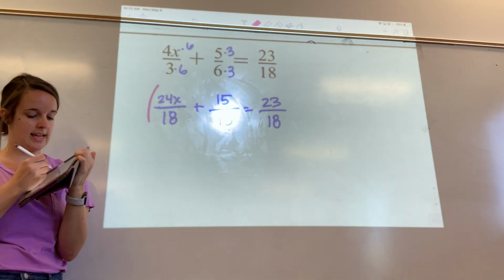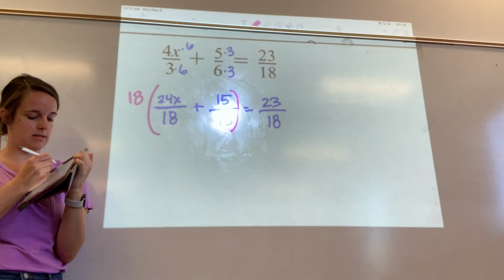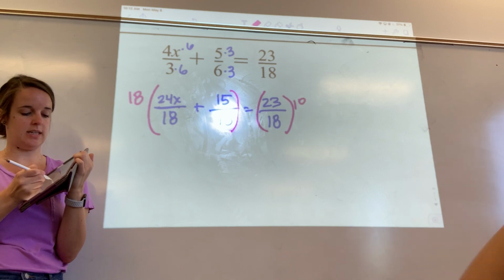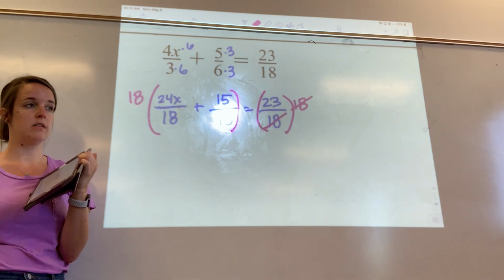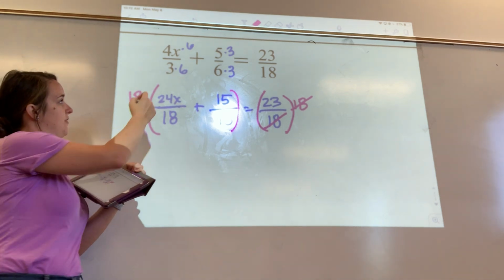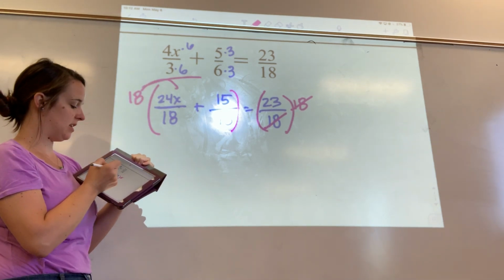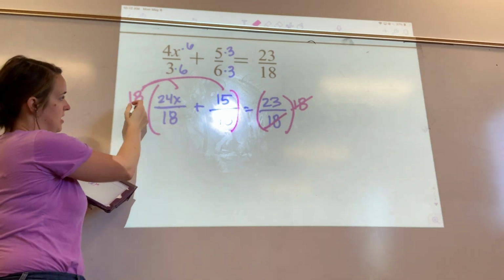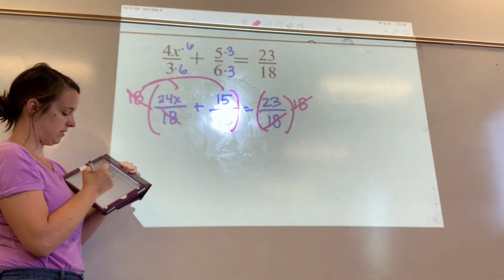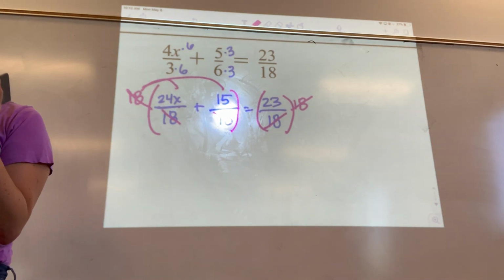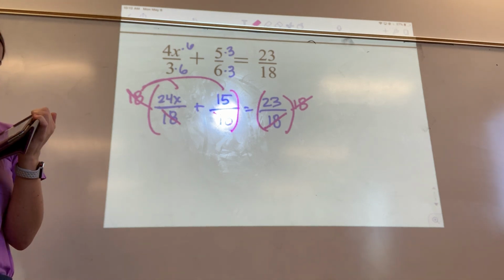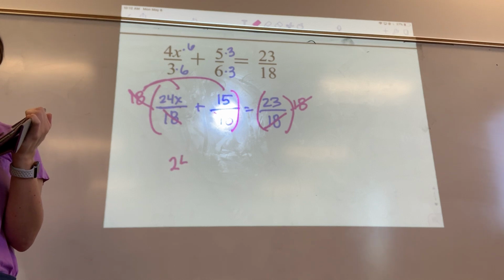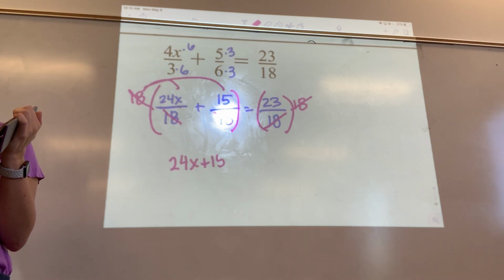The good news about each of these things being 18 is that once we have everything over 18, I can multiply this times 18 and this times 18. 18 divided by 18 makes 1. If you imagine this 18 being distributed into both of them, the 18 can cancel with everything here, which means I'm left with 24x plus 15 equals 23.